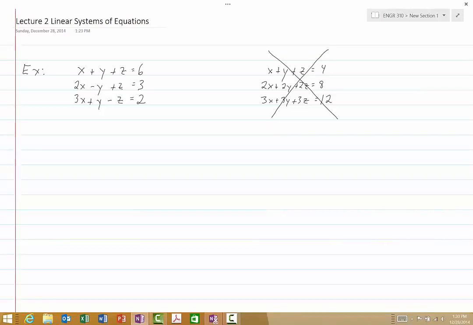And so what we're going to begin this lecture with is a discussion of a systematic way of solving, or at least trying to solve, a system of equations. The idea is called Gaussian elimination.